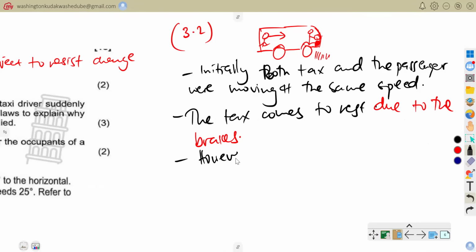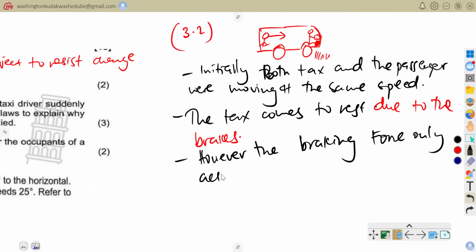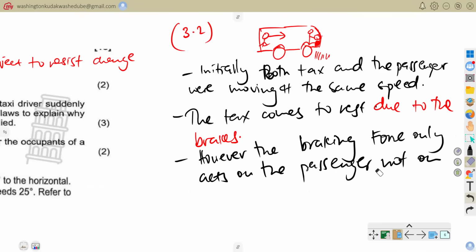However, the braking force only acts on the taxi, not on the passenger. The braking force only acts on the taxi and not on the passenger.